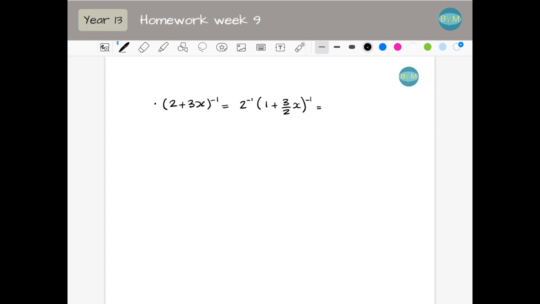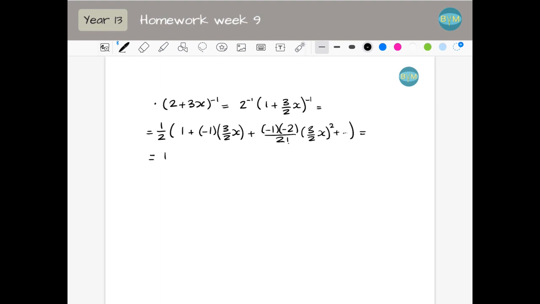So this is going to be 2 to the power of minus 1, or if you want, you can write 1 over 2, which is the same. And I'm going to expand this bit here. So it's 1 plus nx, n is minus 1, x is 3/2 x, plus n times n minus 1, minus 1 times minus 2, divided by 2 factorial, times (3/2 x) squared. And I can stop here because I need to do only up to x squared.